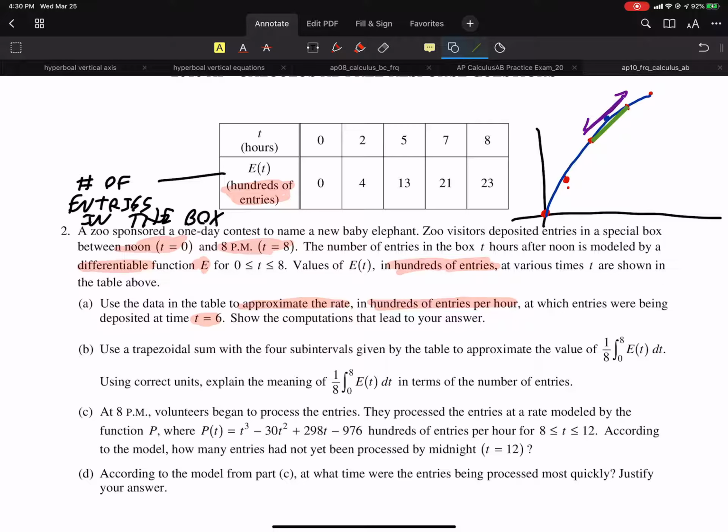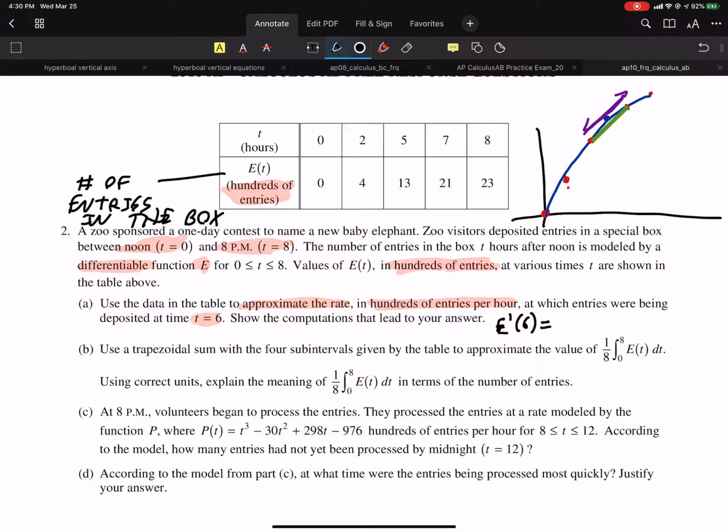If we could find the slope of that green line, that approximates the slope of the purple line. It's a very common question when you have a data table. So let's do the work. We want to approximate E prime at 6.